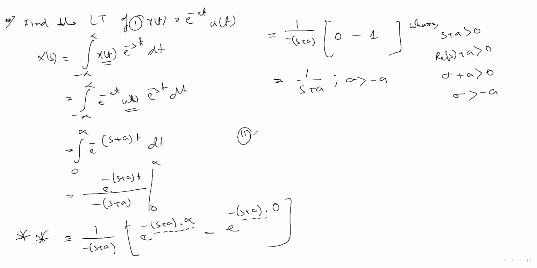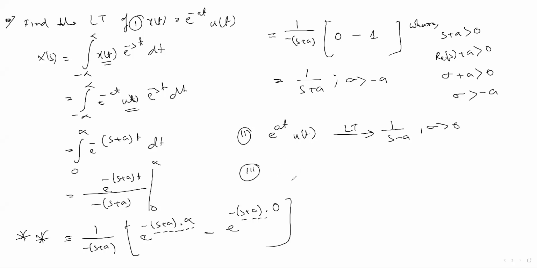You have another four values. If e to the power at u of t is there, then its Laplace transform is nothing but 1 by s minus a, and sigma greater than a. Similarly, if you have to do this by the integration formula, you can find this.